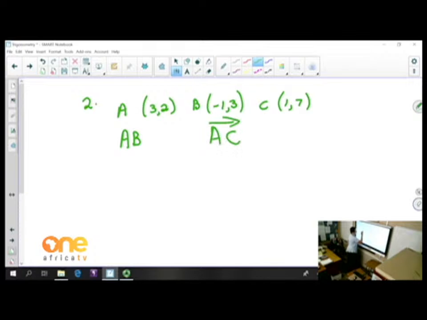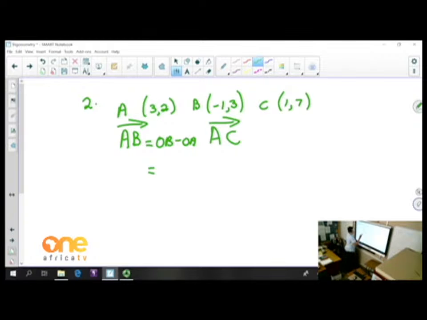We don't have them at this stage. You have A, this is actually OA, OB, OC. So to find AB, and this is now a very important step, we've looked at it in the previous lesson as well. It is the last one minus the first one. So it will be OB minus OA. If we make a mistake there, everything is going to be wrong. So be very careful here.